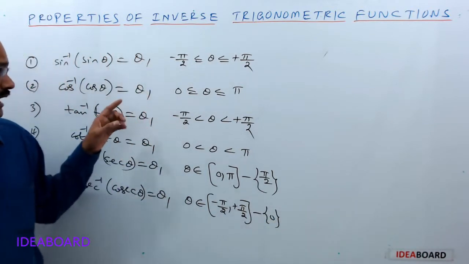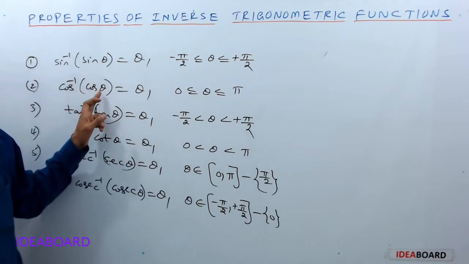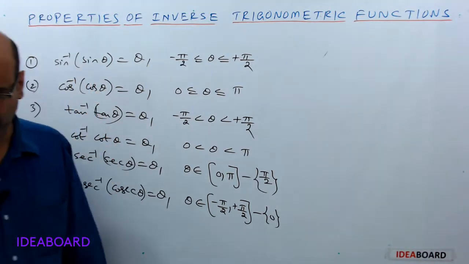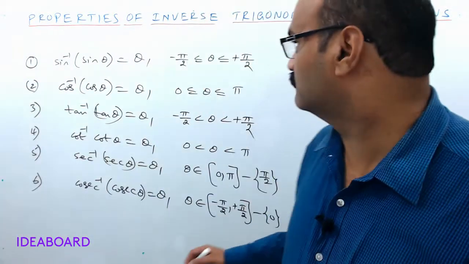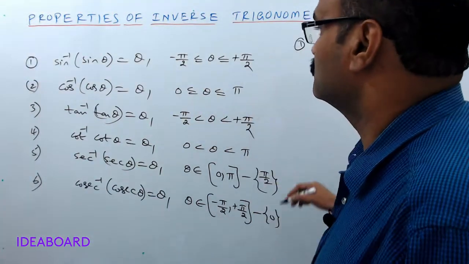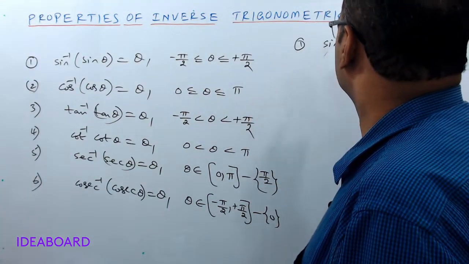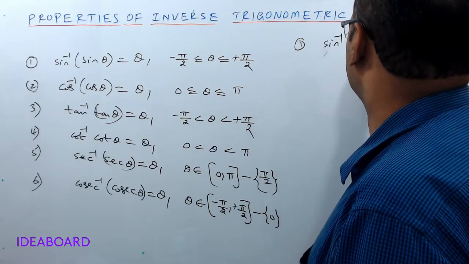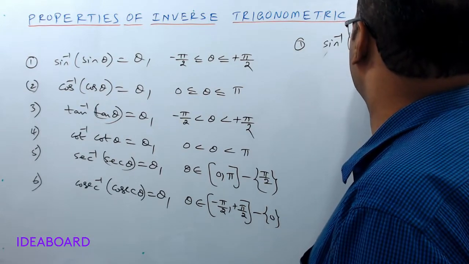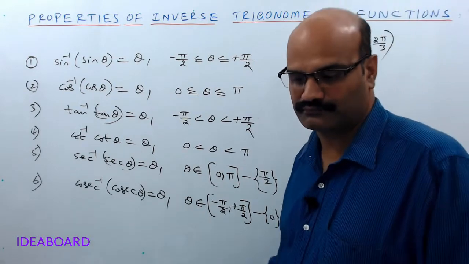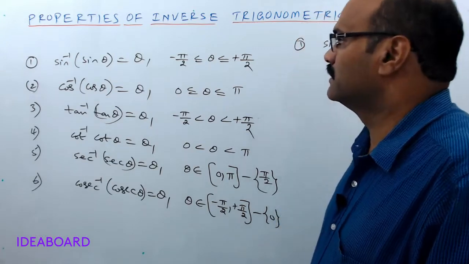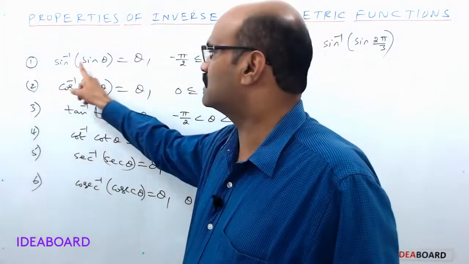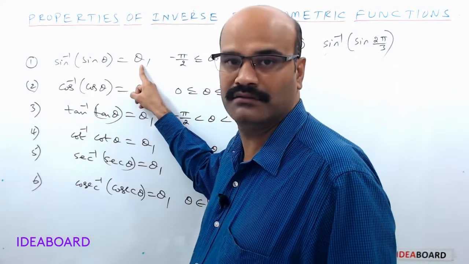Now, I discuss the problems based on this property. For example, sin inverse of sin 2 pi by 3. Here we have the property sin inverse of sin theta equal to theta.